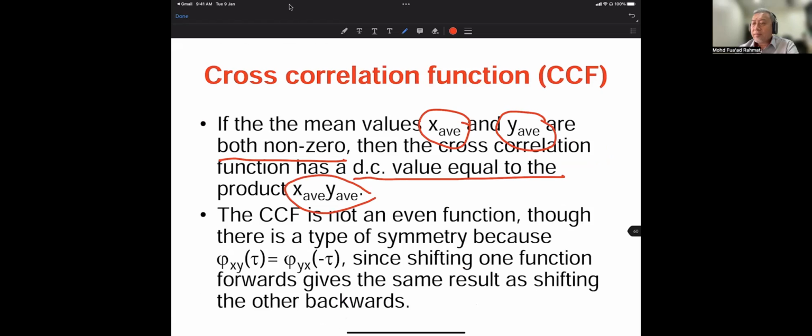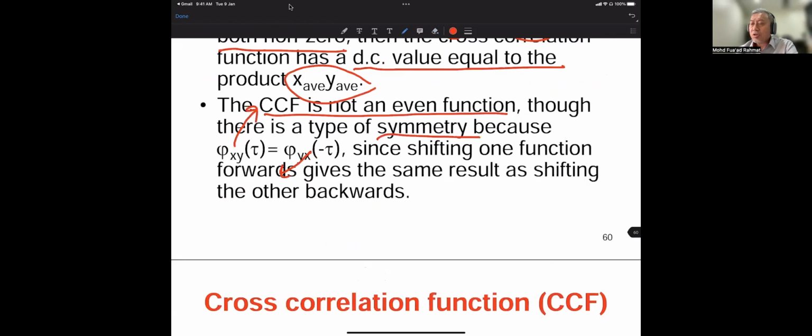Since CCF is not an even function, there is a type of symmetry in these CCF functions, known as ψxy(τ) equal to ψyx(−τ). So this one goes towards the right and this one towards the left. When you fold the graph at the y-axis, they will be symmetric to each other.